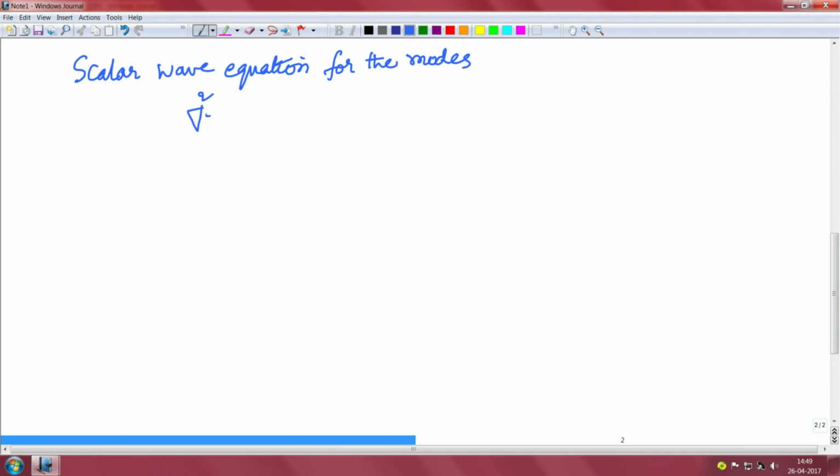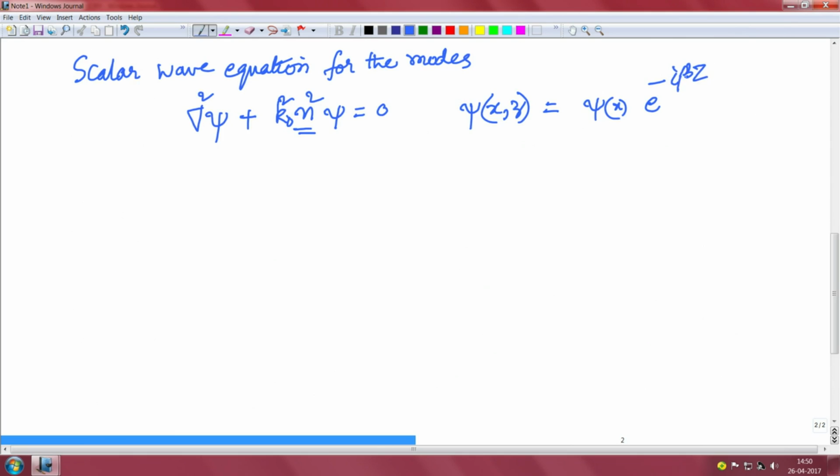That is like this, where n is the refractive index profile, a function of x, and as defined earlier, the modes are of the form psi e power minus i beta z, where beta is the propagation constant and psi is the mode field profile.